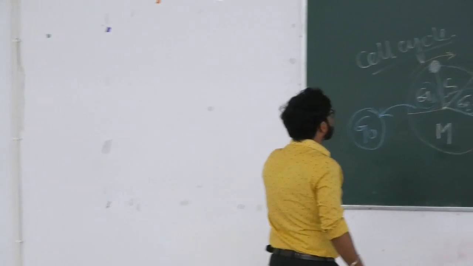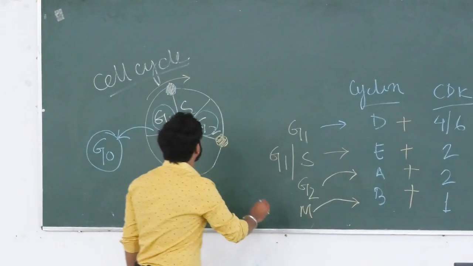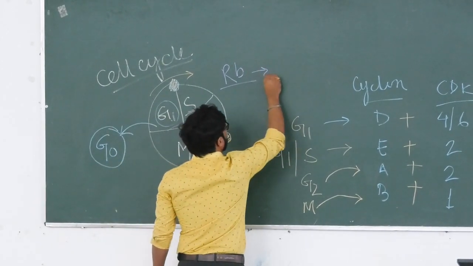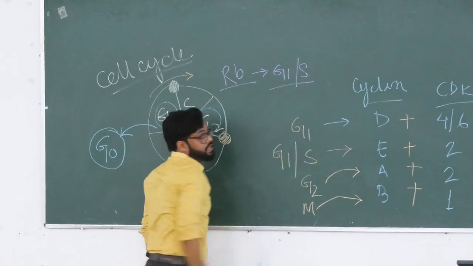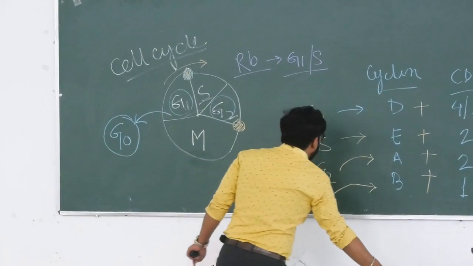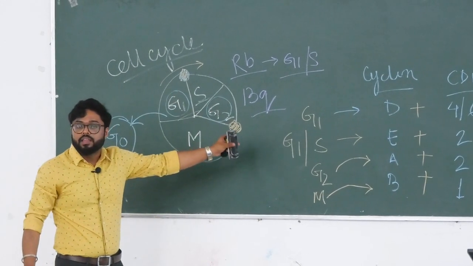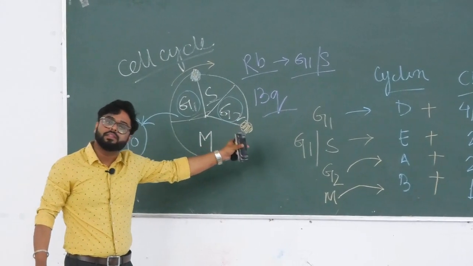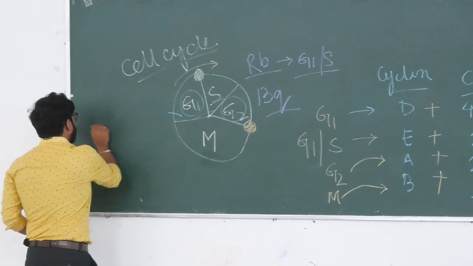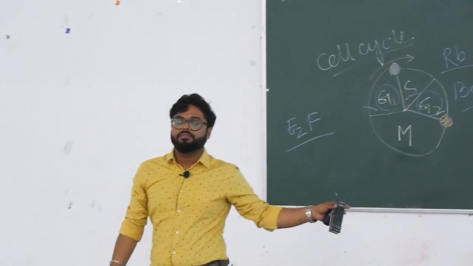Why is this transition not happening? Because of the important retinoblastoma gene, which is on chromosome 13. In the retinoblastoma gene there is a transcription factor known as E2F. How is this factor working?